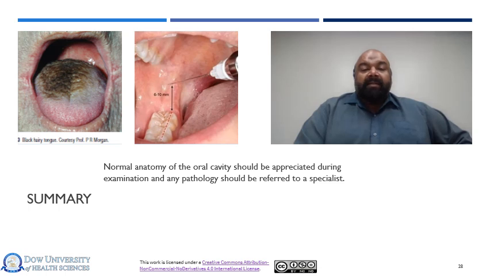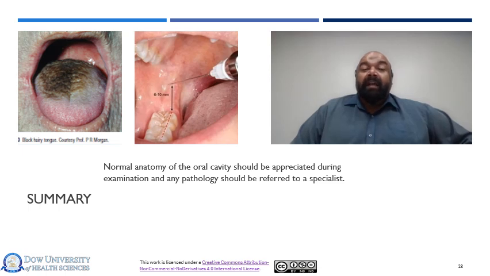So, lastly, we need to appreciate the normal oral cavity with all its landmarks so that we can see what kind of pathology is present. Another important point to note is that any area which is normally unkeratinized in the oral cavity, if it becomes keratinized due to trauma or any other insult, is of concern as it can lead to a precancerous condition, and it should be regarded as suspicious.